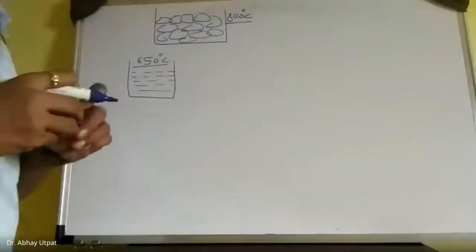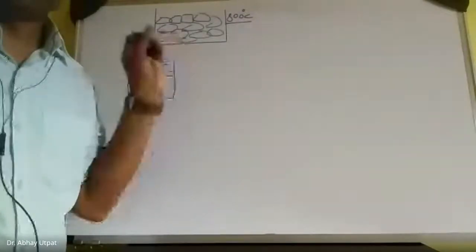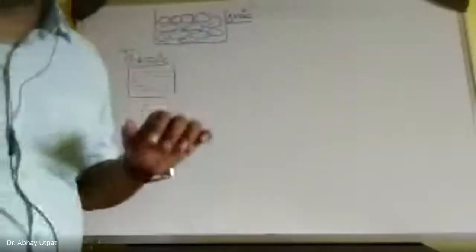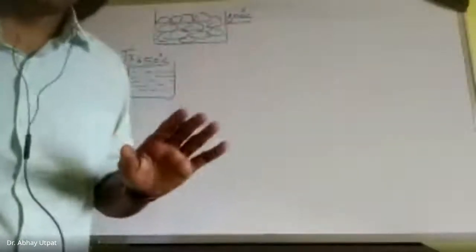So here is a liquid at 650 degrees Celsius. It is T1, capital T1. Now imagine, below 727, there is no austenite.